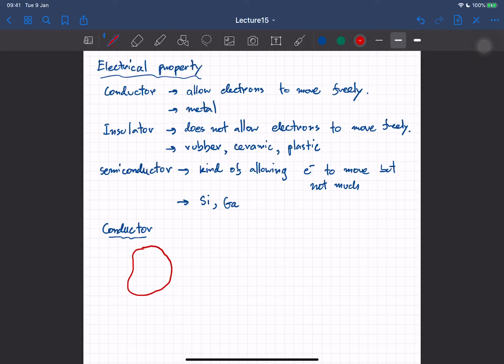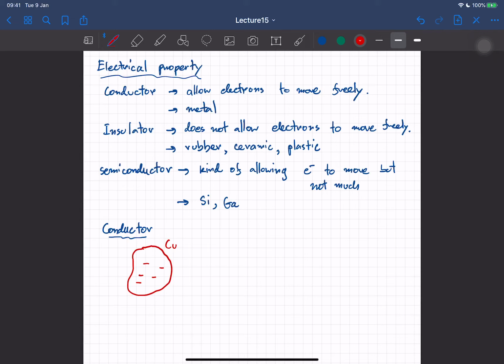So let's imagine something like this. You have a bulk of something, let's say copper, which is a metal and clearly a conductor. So electrons can move freely inside this chunk of copper. Let's say I put a few electrons inside here.